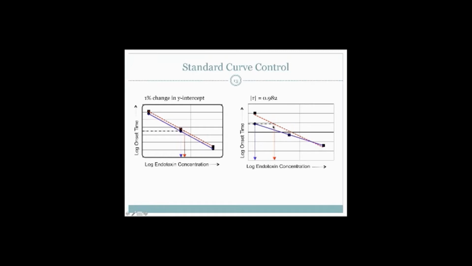What happens over here on the right-hand side? You can see that the 3 squares aren't in alignment. In this case, the 3 squares tell me I don't have a linear standard curve, but the regression analysis drew the red line, the best fit red line, through these 3 points. Now the R value here is 0.982, which is a valid correlation coefficient according to the compendium.